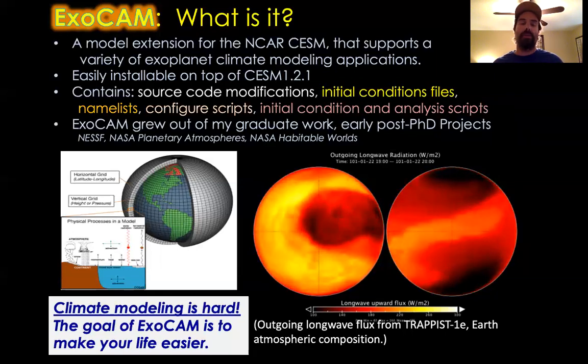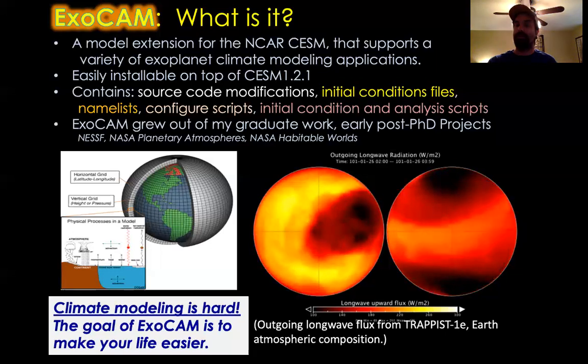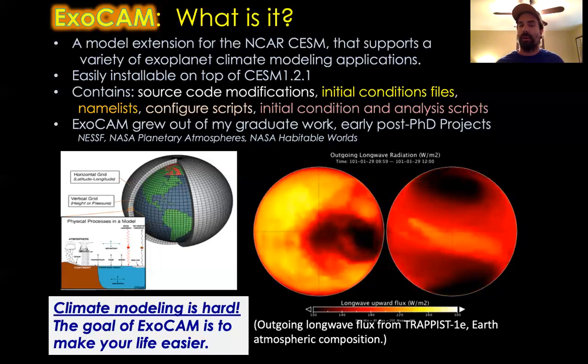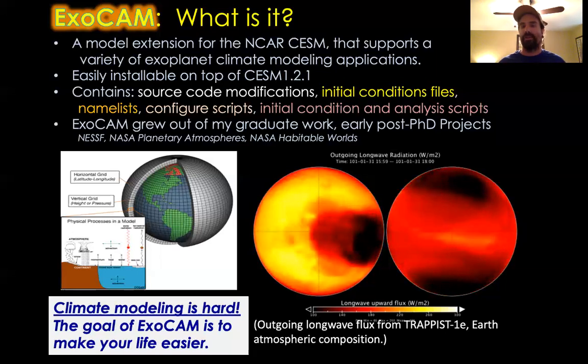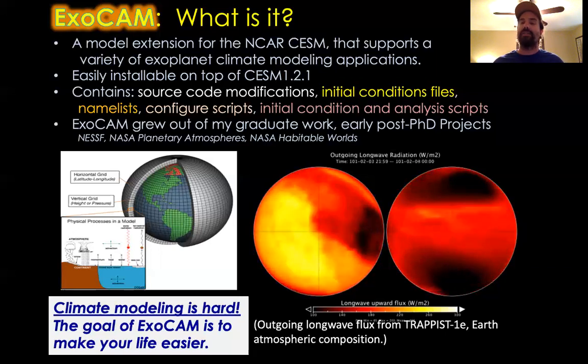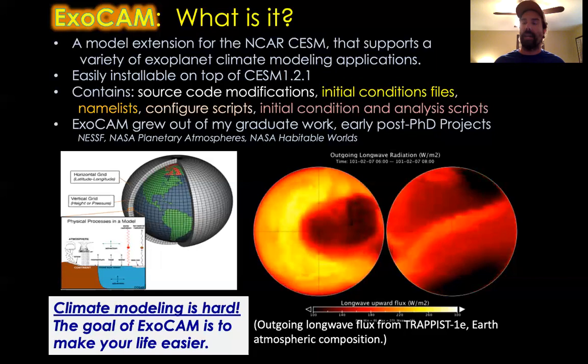So with ExoCAM, you can take its source code modifications and copy them easily into the appropriate SourceMods folder, as it's called, coupled with a suite of initial condition files that are provided, namelist files, which specify different initial conditions and settings that you need, configure scripts, etc. It's easy to build and start running CESM for exoplanets using the provided ExoCAM files.